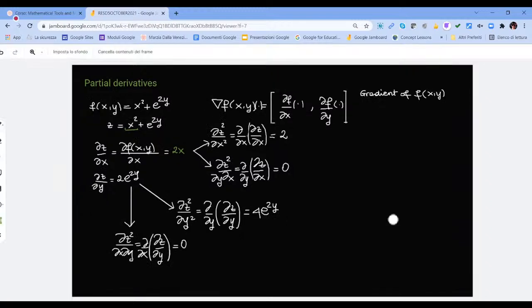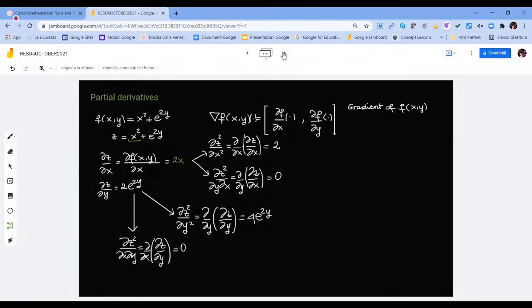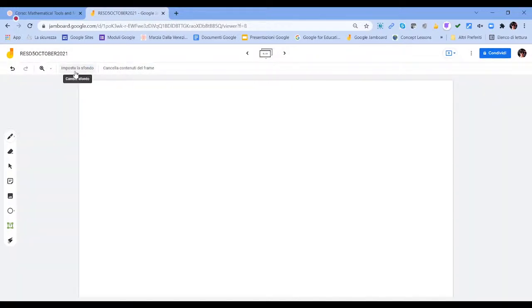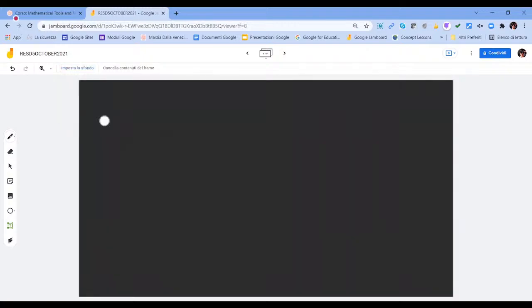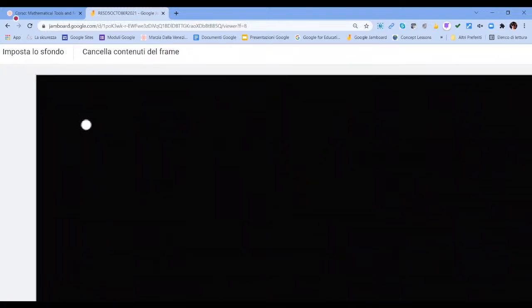Okay, so let's do another example. This time we take a function where everything is mixed, a product function, x to the third multiplied by e to the y squared.